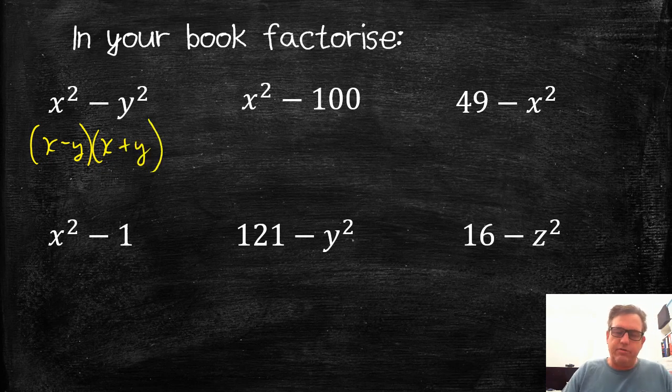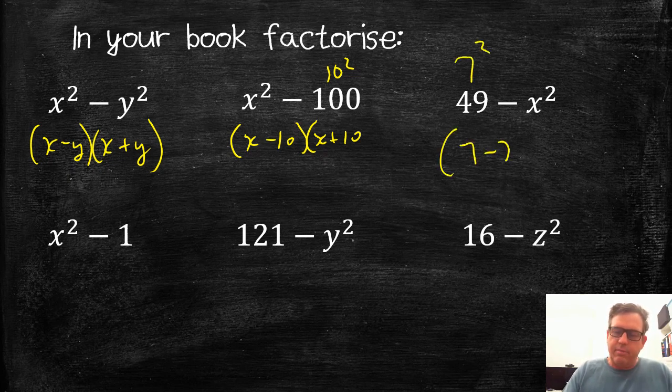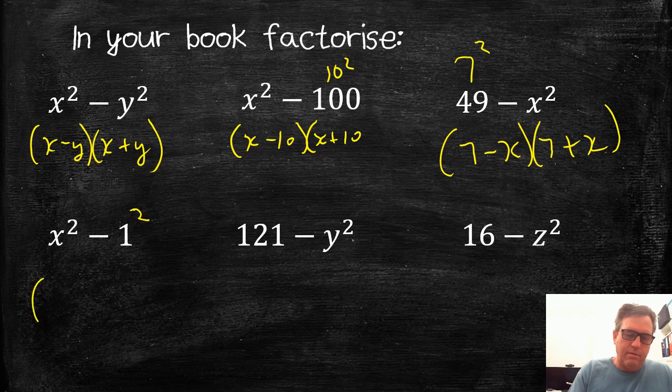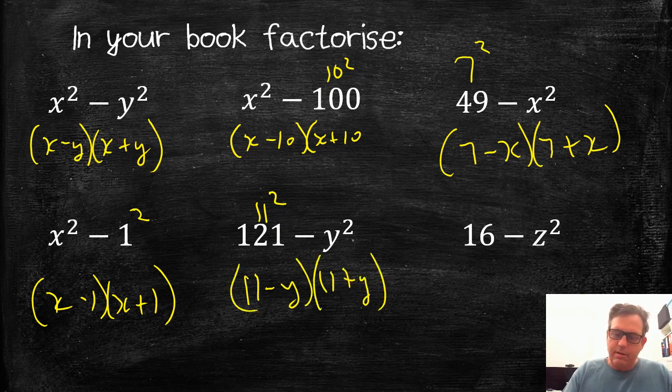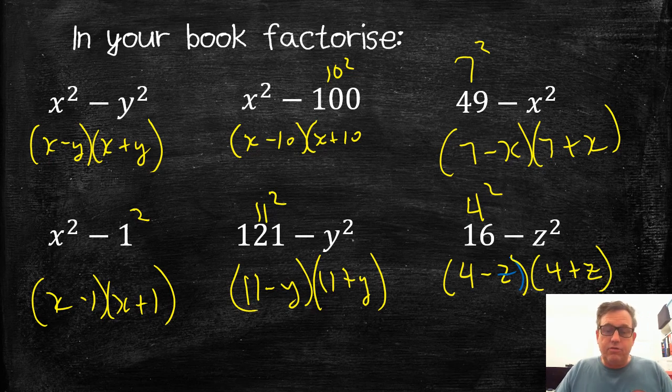Remember, 100 is 10 squared, so this should be x minus 10, x plus 10. 49 is 7 squared, so this is going to be 7 minus x times 7 plus x. 1 is 1 squared, so this is x minus 1 times x plus 1. 121 is 11 squared, so this is 11 minus y times 11 plus y. 16 is 4 squared, so this is going to be 4 minus z times 4 plus z. The difference of two squares. Looking good.